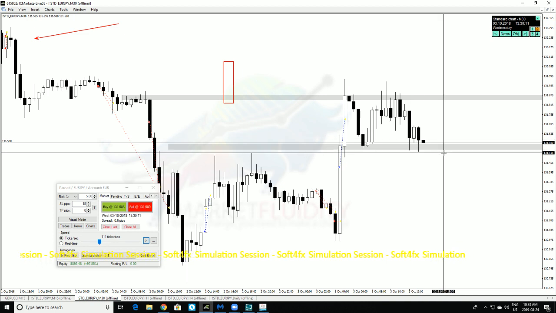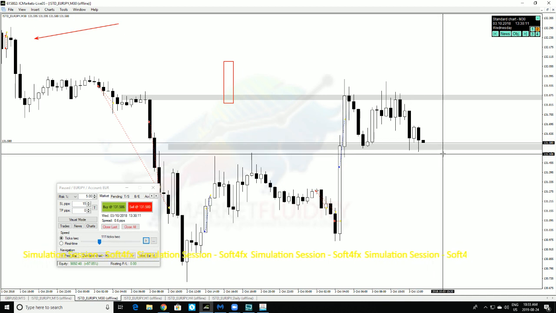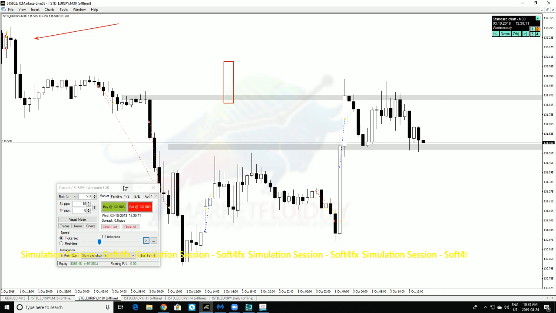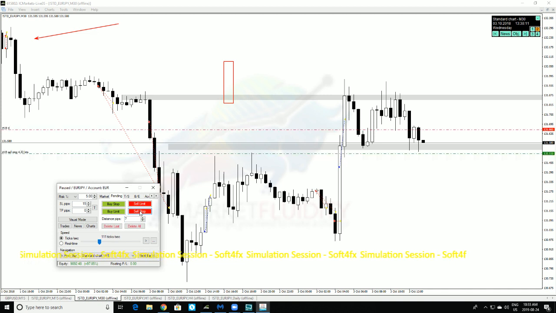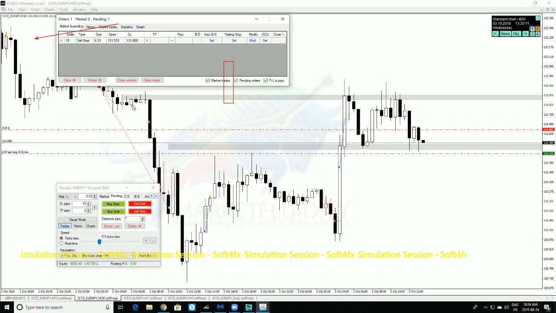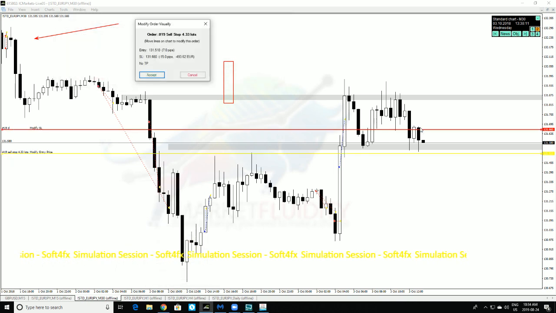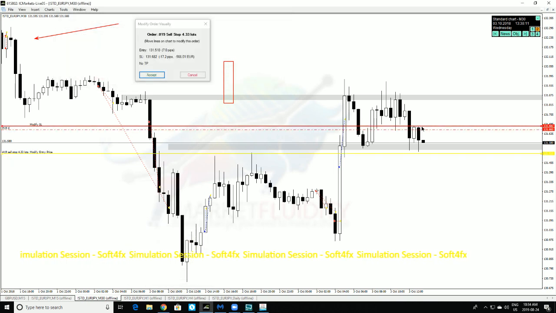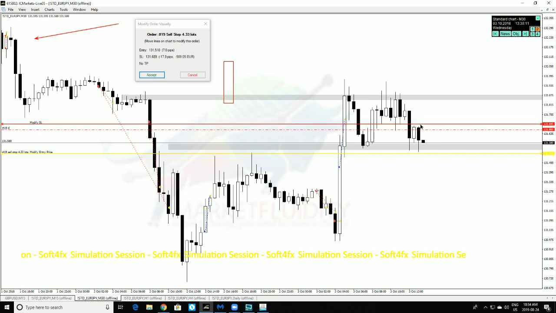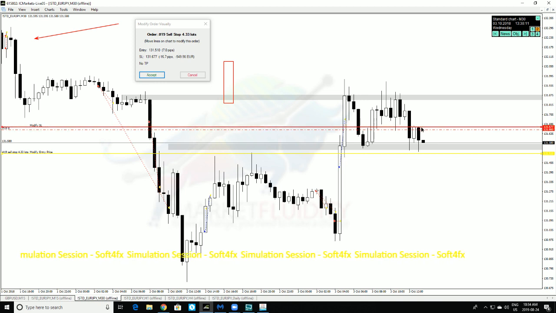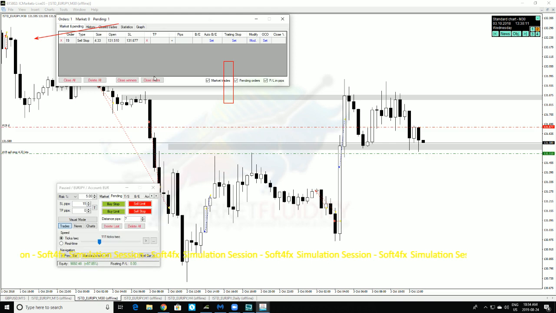So it hasn't broken, but if we have a sell stop below this area, 131,508, which is 7 pips away, sell stop, and the stop is going to be above the previous candle, right? Yeah, right here. Perfect.